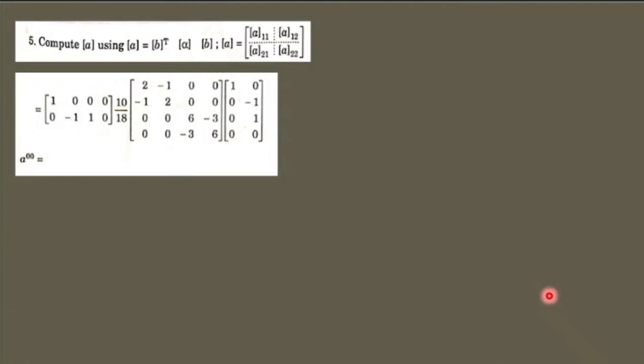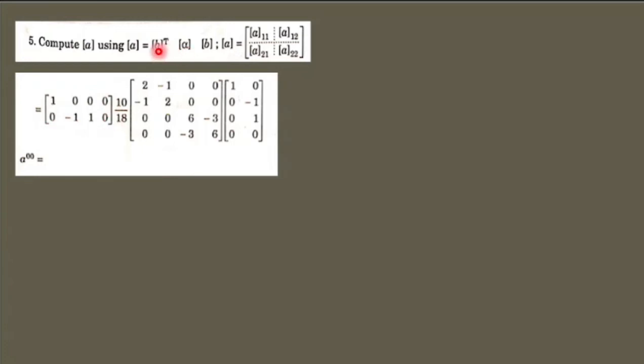Now the next step is computing the A matrix. How to find the A matrix? Now you can see here it is transposed. So you got the B naught values, and the B naught value is transposed here: 1 0 0 0 0 minus 1 plus 1 0.